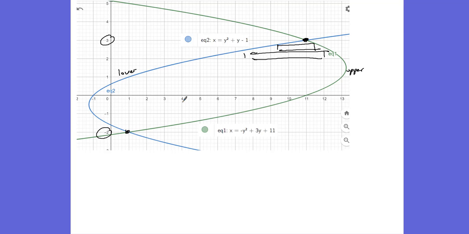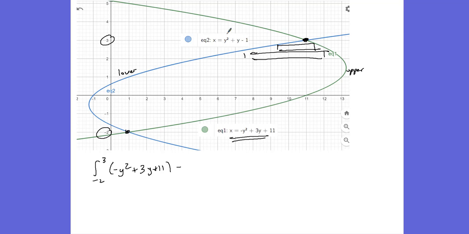You can see that this green one is the upper function all the way from -2 to 3. So we're going from -2 to 3 of this upper function. Now, they already gave me this upper function in terms of y, which is really nice. When they give you functions in terms of y, you're usually going to do the integration in terms of y.